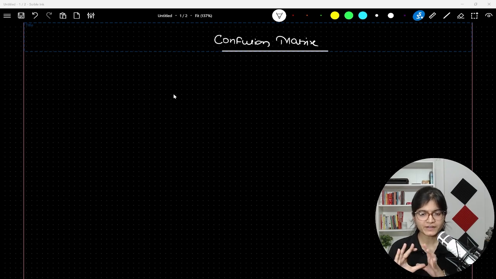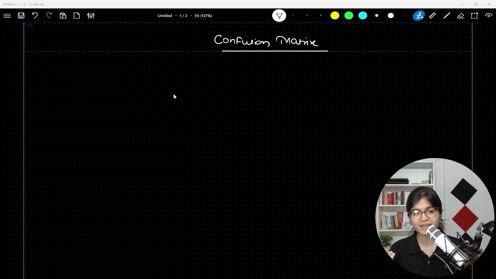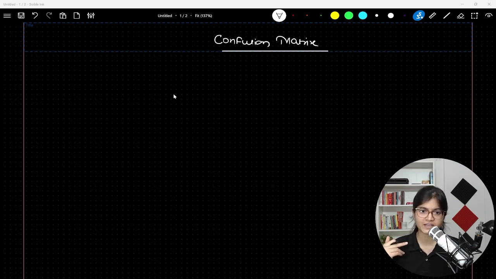So now, whenever we are discussing this confusion matrix, first of all, let's try to understand why it is called a matrix. Basically, we will try to create a 2 cross 2 matrix today. And I'll try to demonstrate everything with the help of the previous use case itself. I hope you all remember, in the last session, while discussing the cost function, I demonstrated one use case of diabetes prediction.